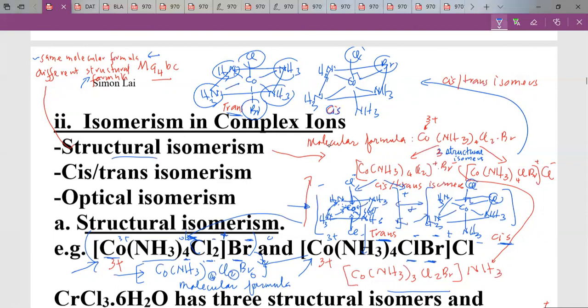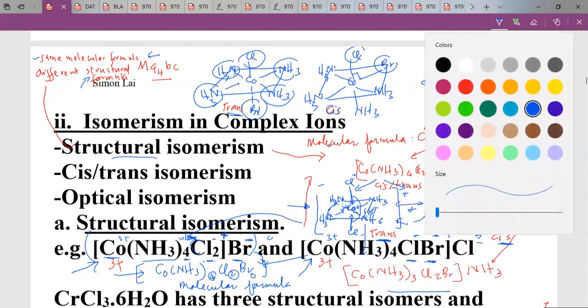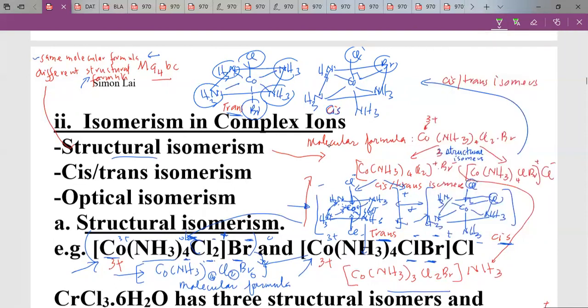But this one, I put green color, right? This one and this one here are what? Structural isomers. Isomers of what? Of this formula. Now, of course, there's one more. If you look at it here, there's one more.